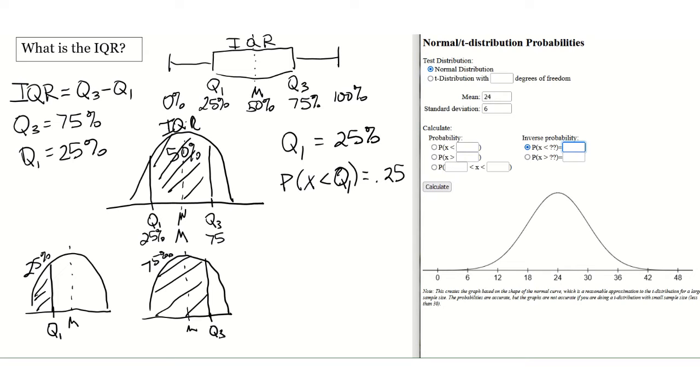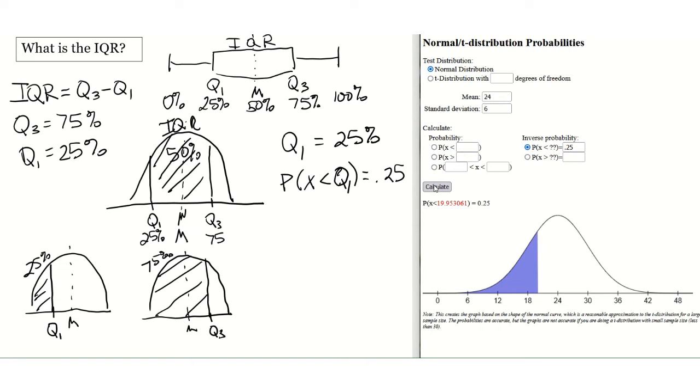So I'm going to type in 0.25, calculate, and that tells me that my Q1 value is 19.95331. That's my Q1.